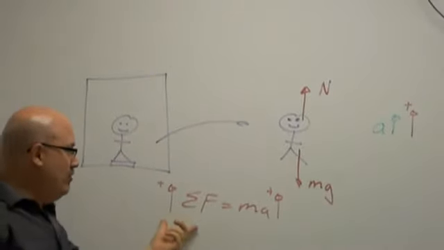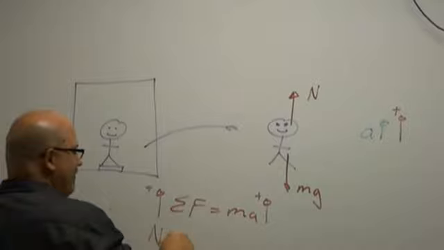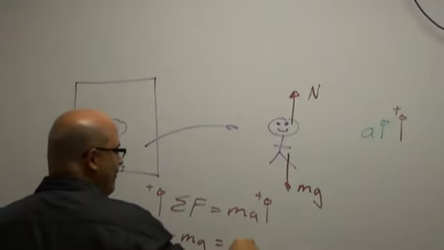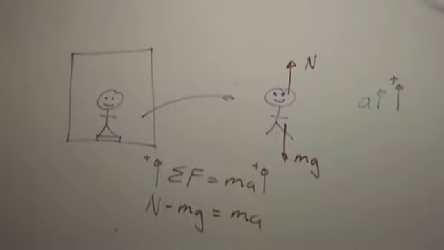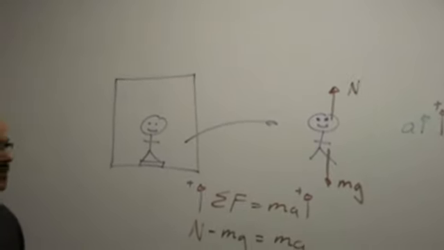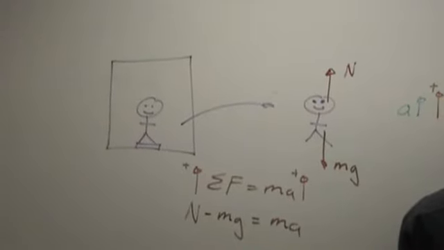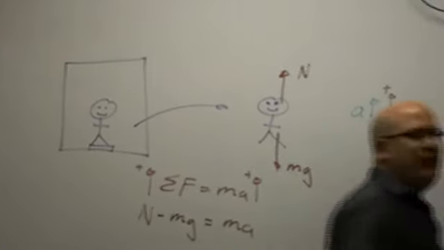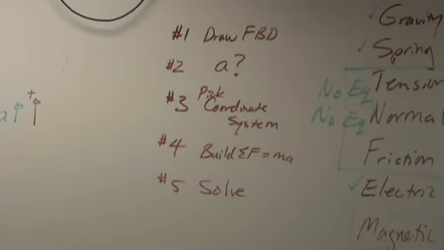Two. Which ones are positive? Normal. Which ones are negative? Gravity. There you go. You just built F equals MA, and now you solve. Step number 5 is solve. If you follow those steps every time, you will get most of your F equals MA problems right.